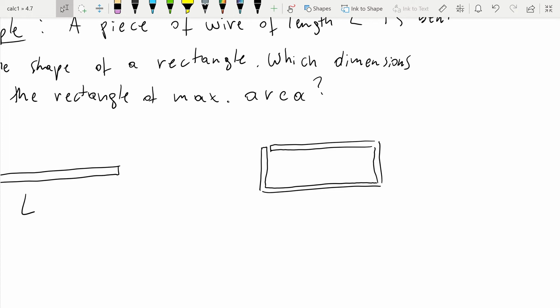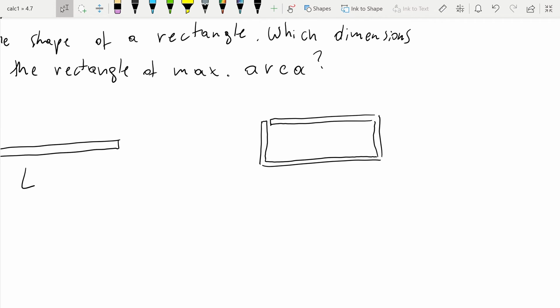Just from symmetric considerations, you can immediately guess that the maximum will be achieved when this is a square. Why is that? Because if you let this quantity here be very small, then the area will tend to 0. And if you try to make it larger, at some point this side here will be very small, and then again the area will become very close to 0.